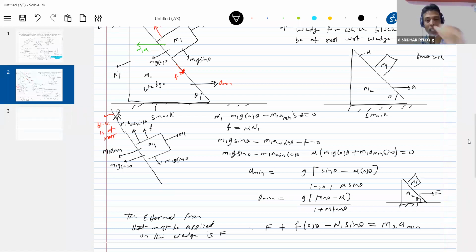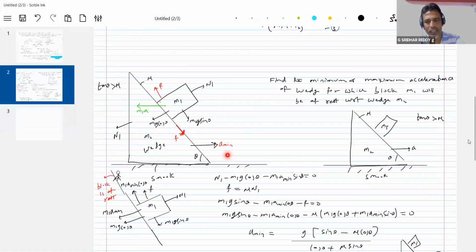Similarly, I want A max. I'll keep on increasing this applied force. Then what will happen? As I keep on increasing the external force F acting on the wedge, the pseudo force will increase.